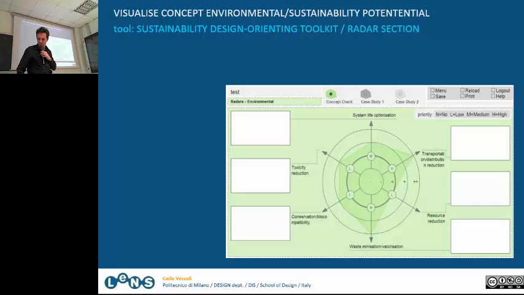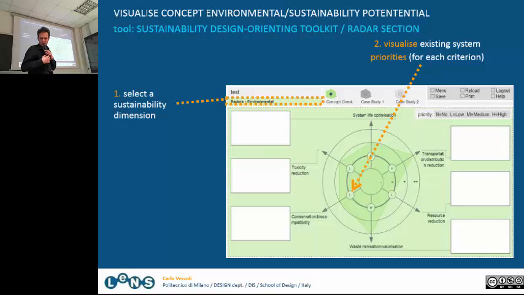For example, let me see. Here we have a low priority for conservation biocompatibility. Okay, this is what you have been assessing on the existing system.